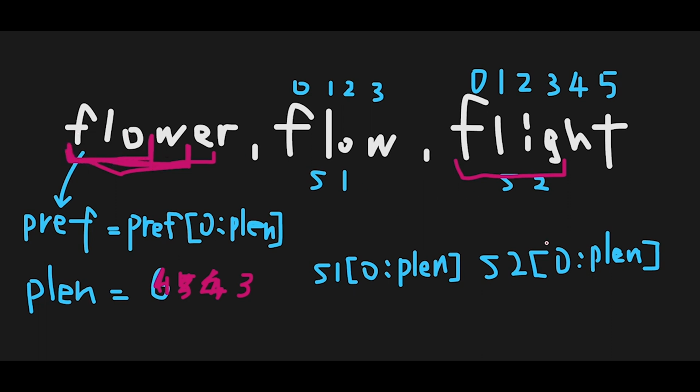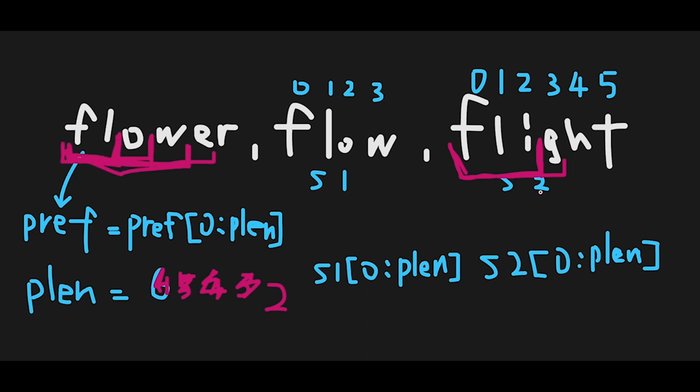And then again compare prefix versus 0 to 3, so FLI versus FLO, and they are not the same. In that case, add -1 to plen, so 2, and update prefix from 0 to 2. In that case, FL, next range is FL.